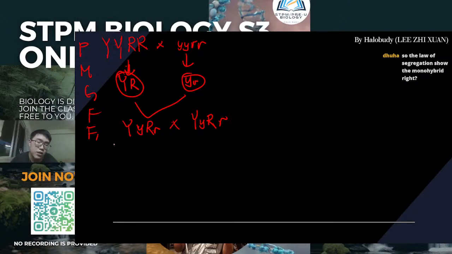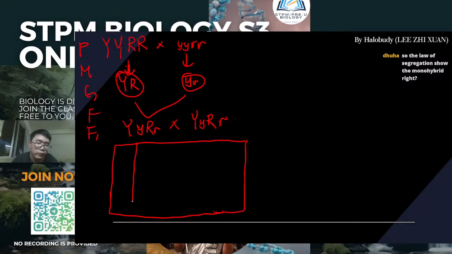So when you use the Punnett square, these are the gametes that can be used. Firstly, we use this for the upper row, and this for the left column.